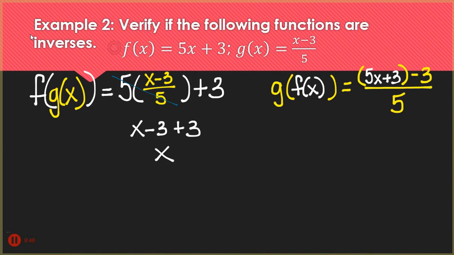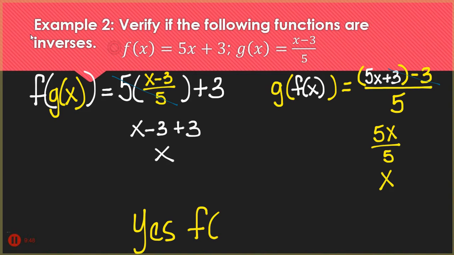Now the first thing we're going to do is simplify our numerator, which means that the positive 3 and negative 3 will cancel. And then I have 5x divided by 5, which will equal x. So again, we have verified that f of x and g of x are indeed inverses.